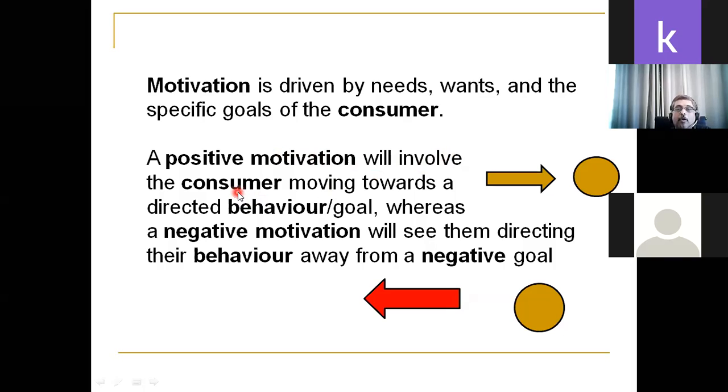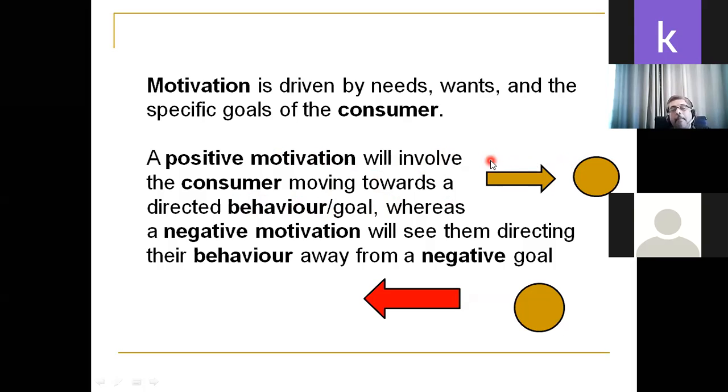I have given this arrow here, it is moving towards this goal. Let's say this round circle is a goal. So if I'm positively motivated, I will try and go towards the goal. All my behavior will be to achieve this goal.